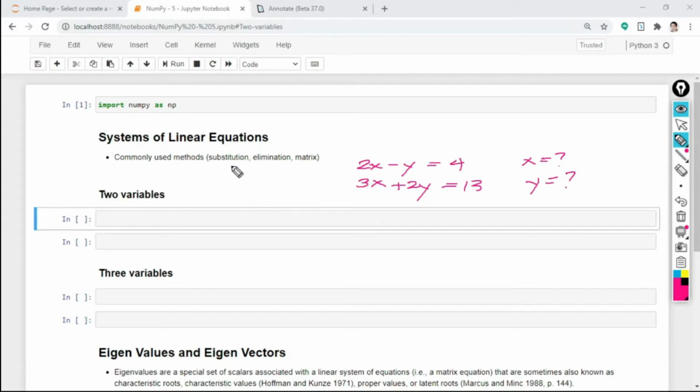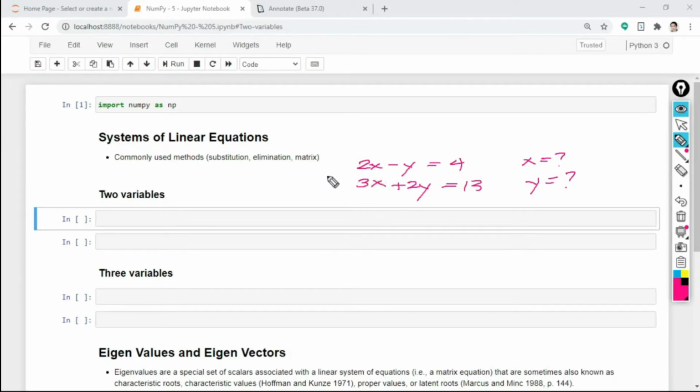You can use the substitution method. I know you're familiar with this one. You transpose certain variables and constants to the left or to the right. You have also the elimination method.